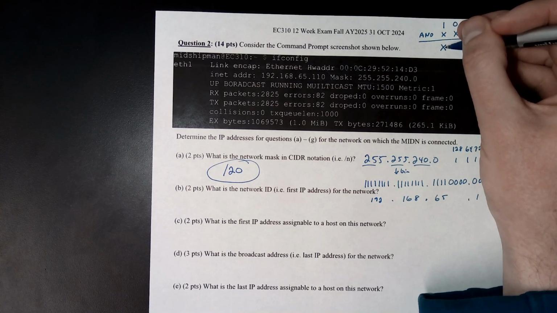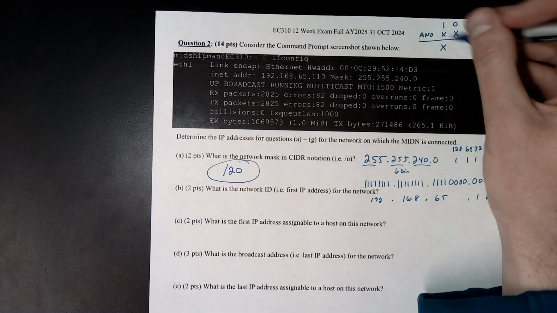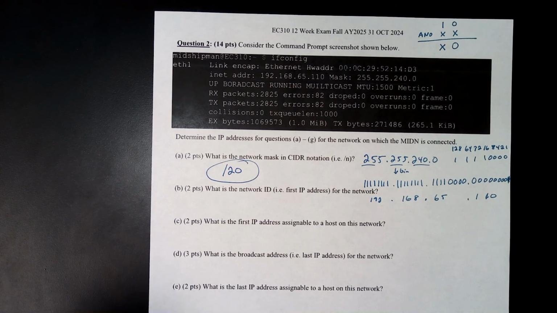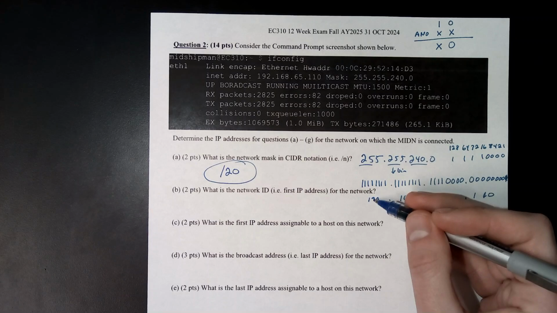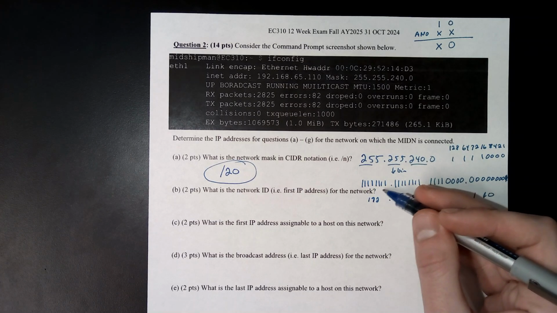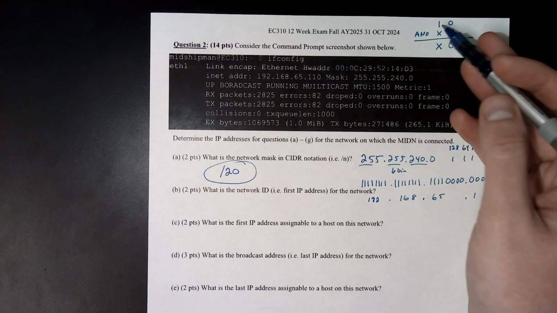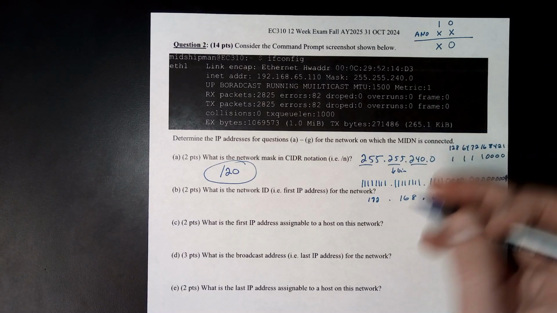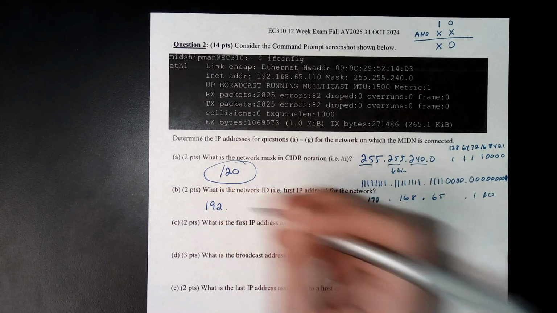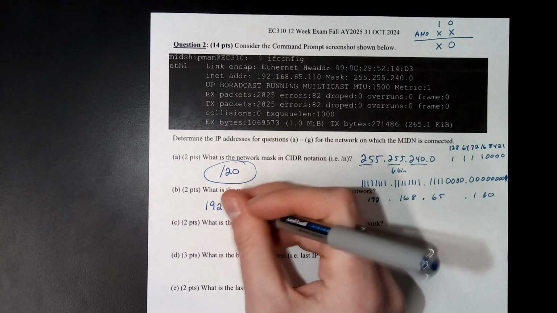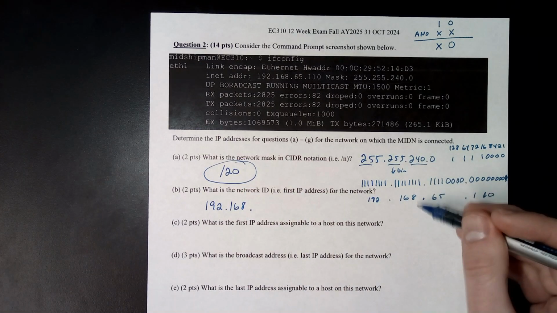Whatever that value was, if we're ANDing something with ones, we keep it. If we're ANDing something with zeros, it's always zeros. So if we look at how this lines up, no matter what we convert 192 to in binary, it's lined up with all ones, so we're ANDing a 1 with an X, which means we get X. So we know our network ID is going to start with 192.168 because those are ANDed with all ones.